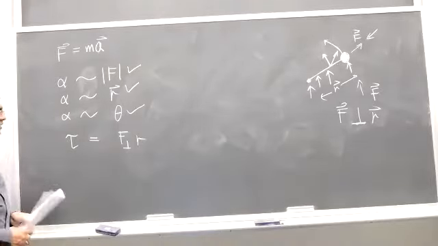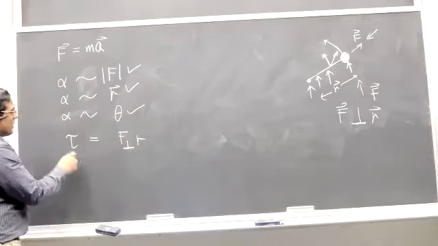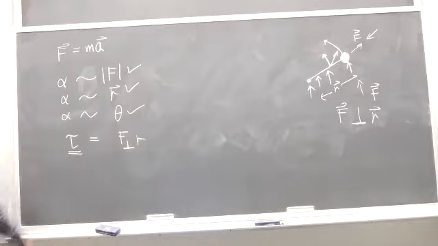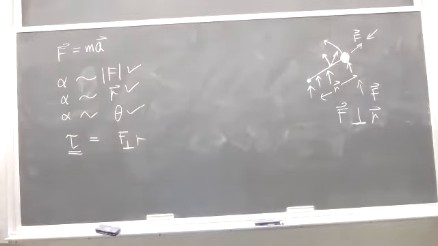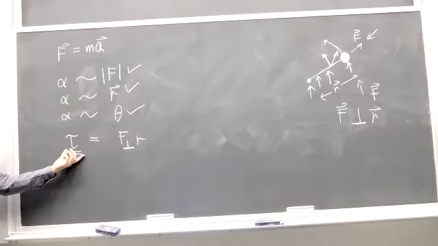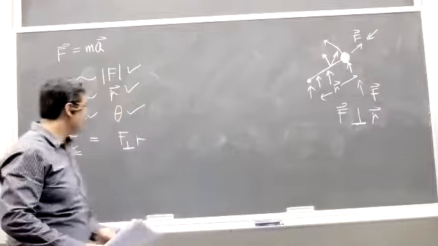Okay. And we say that it is not the force that produces the rotation, but this new quantity, okay? And you see it's different from force. And it in itself has embedded all these observations that we have made here, right?